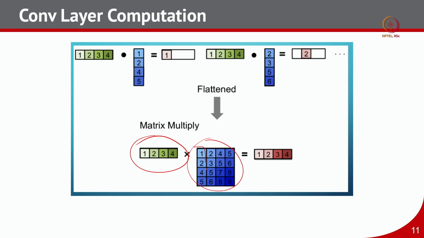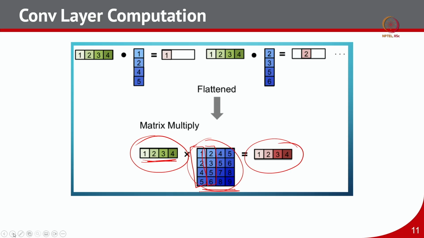The first patch corresponds to these 4 pixels, 1 2 4 5, of the input feature map. The second patch corresponds to these 4 pixels, 2 3 5 6, and so forth. Now, if we perform the matrix multiplication of this vector 1 2 3 4 and this flattened matrix, then we will get all the pixels of the output feature map, right. So, hopefully it is clear.